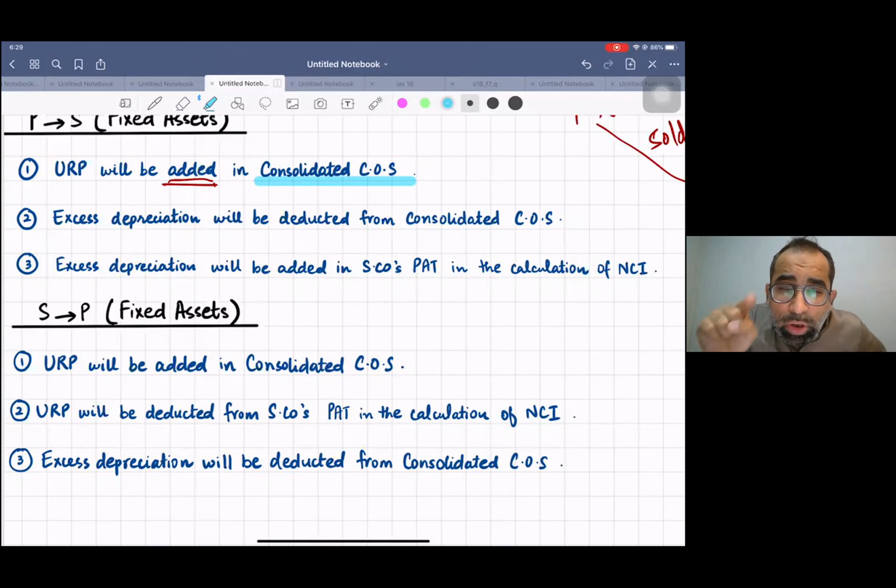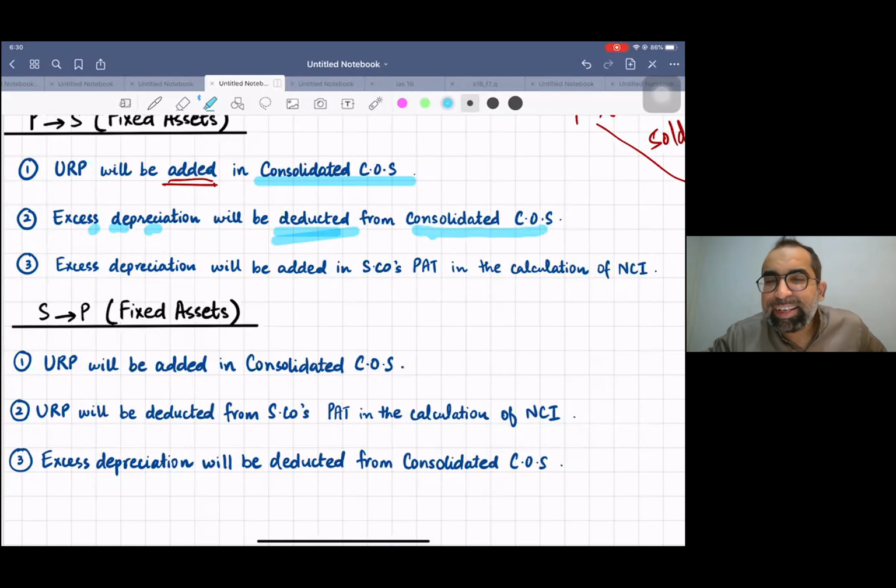And you have studied final accounts. Depreciation is normally recorded in cost of sales. Nowadays, in recent new questions, depreciation is adjusted in cost of sales. Okay, so S company has booked extra depreciation. So you need to remove that extra depreciation, and you will deduct it from S company's cost of sales. See, excess depreciation will be deducted from consolidated cost of sales because S company has overbooked the depreciation.